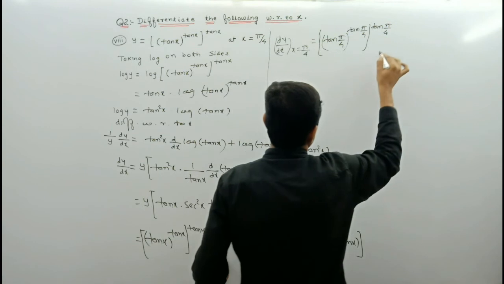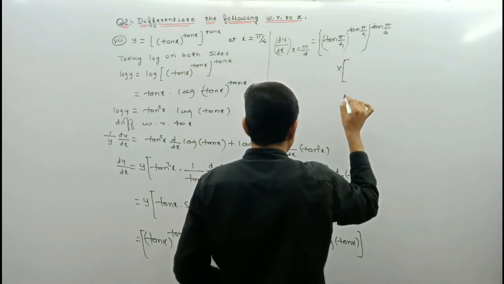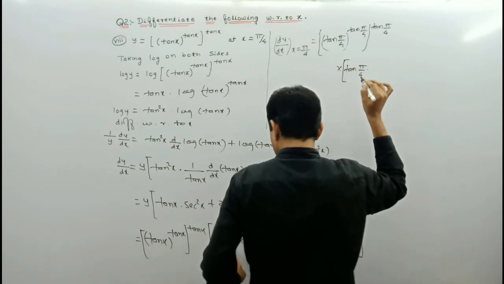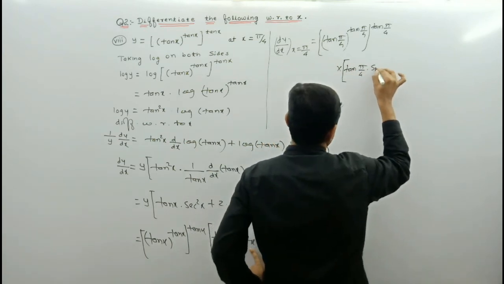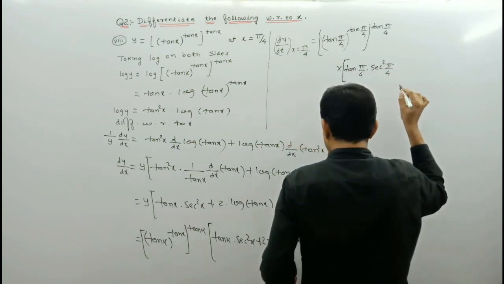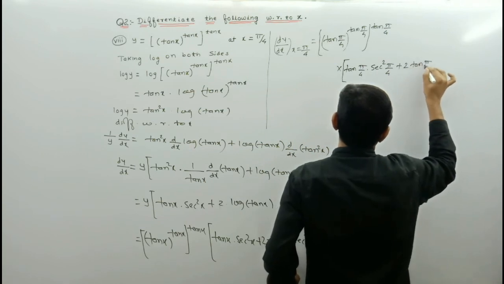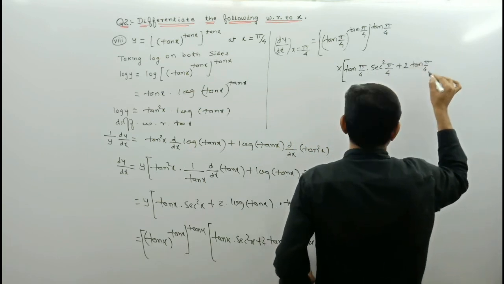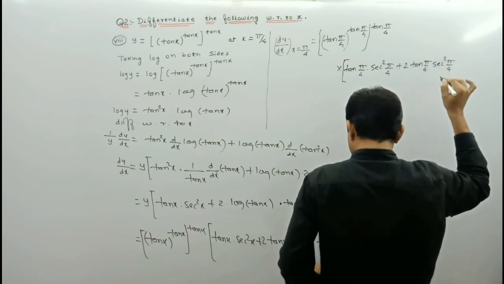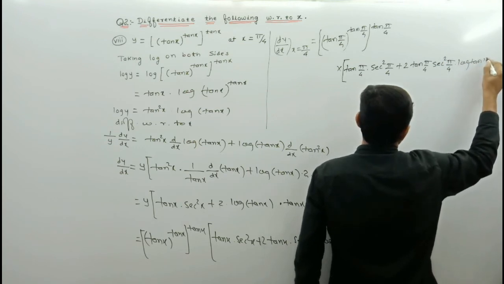Now see what we are getting here. Again tan x I am replacing by tan pi by 4, into sec square pi by 4, plus 2 into tan pi by 4 into sec square pi by 4 into log of tan pi by 4.